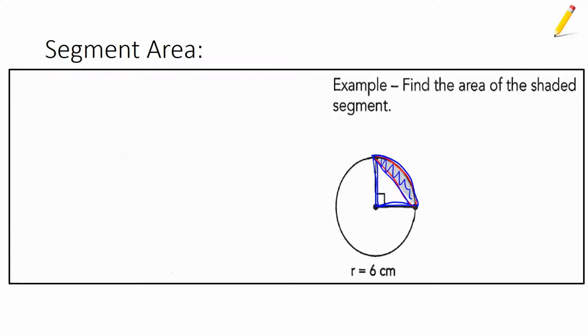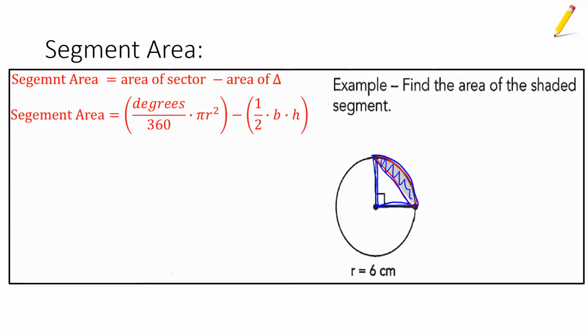So let me say that again. Segment area is the area of the sector minus the area of the right triangle. Remember, the area of a sector is degrees over 360 times pi r squared, minus the area of a triangle, which is 1/2 base times height. So let's plug in what we know.